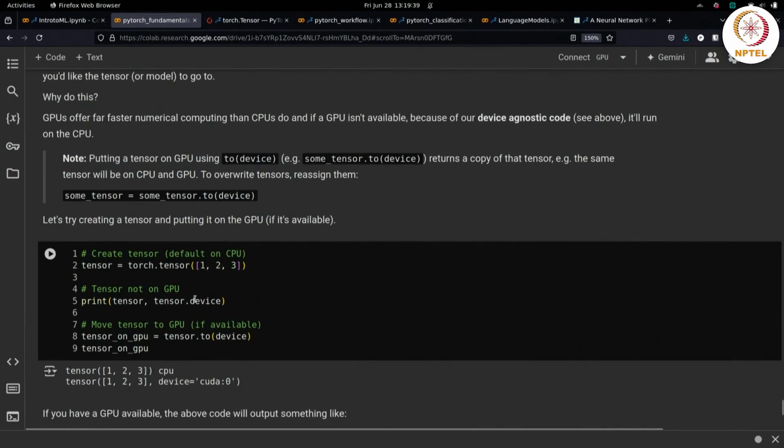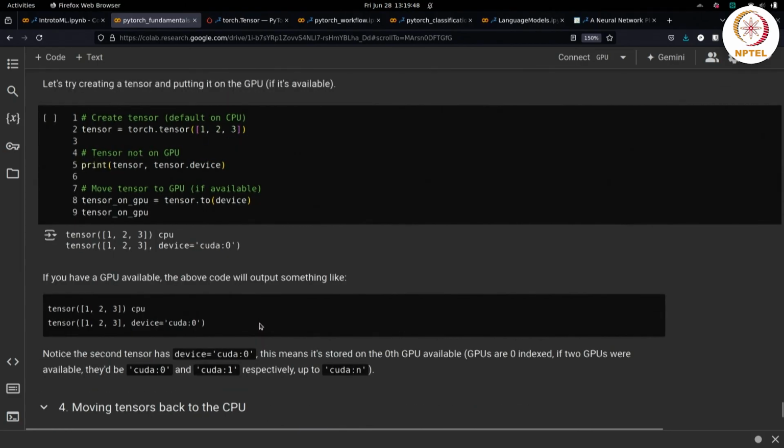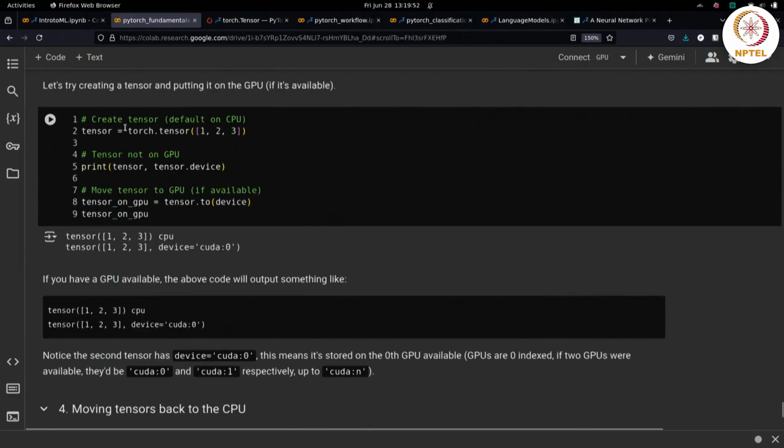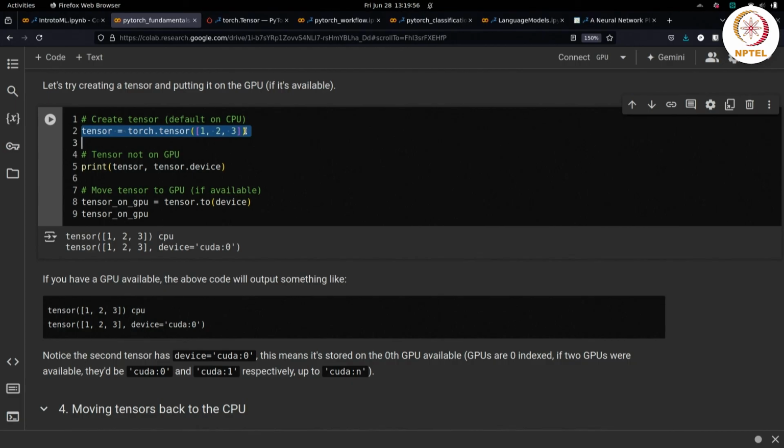As I said previously, just as you were able to change the data type of a tensor, you can also change the device of a tensor, whether it is sitting on a GPU or a CPU. Here you created a tensor and did not explicitly mention any device, so by default it was sitting on CPU or RAM, and you can check the current device on which it is sitting. It says it is currently on CPU.